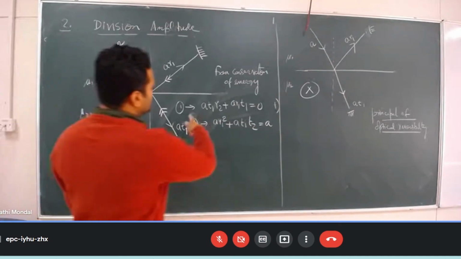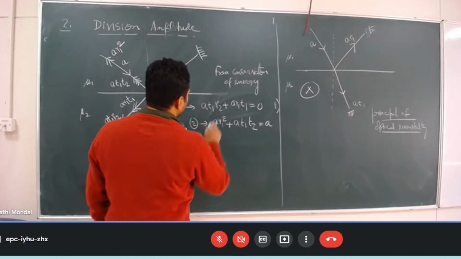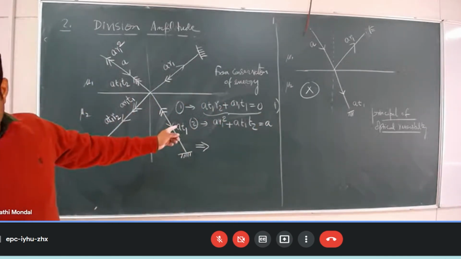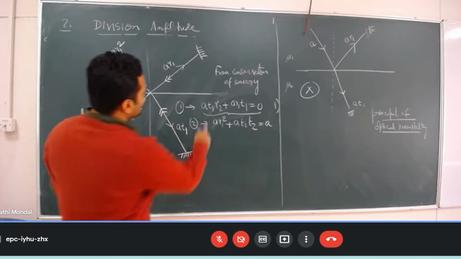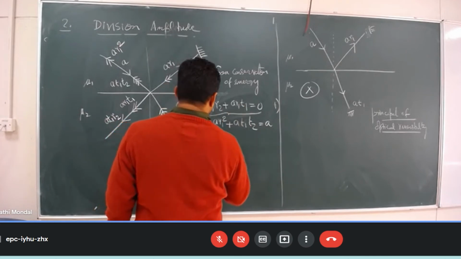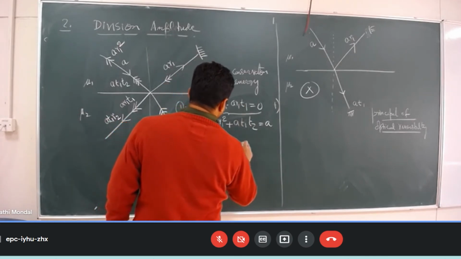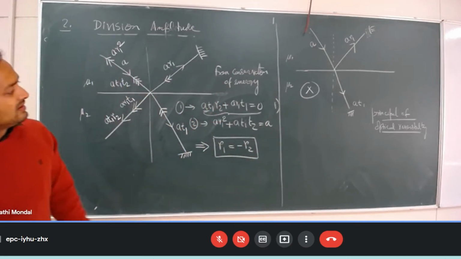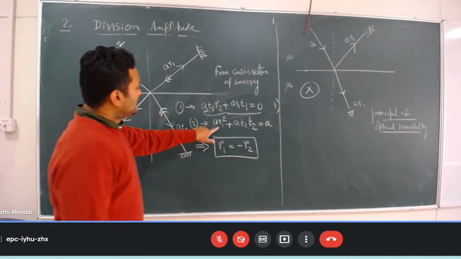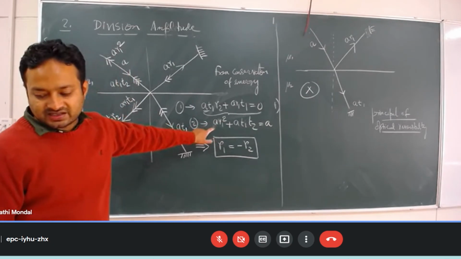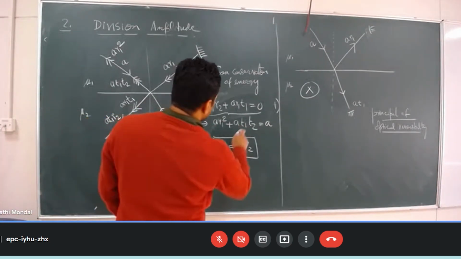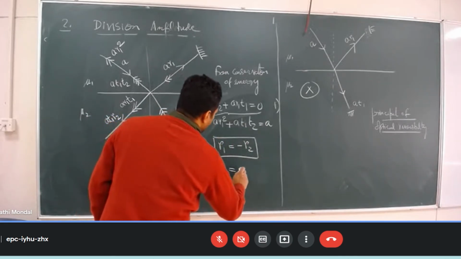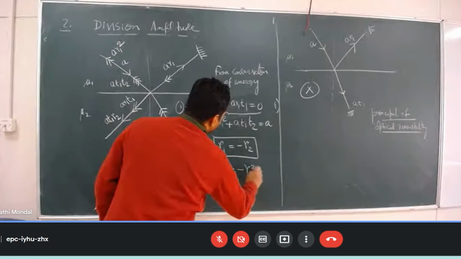Now in these two equations you can find out. Suppose if I take equation 1, then what you will get? You will get AT1 multiplied, so R2 becomes minus R1. Okay. And secondly, if I use these two equations, you will get T1T2 equals minus R1 square.